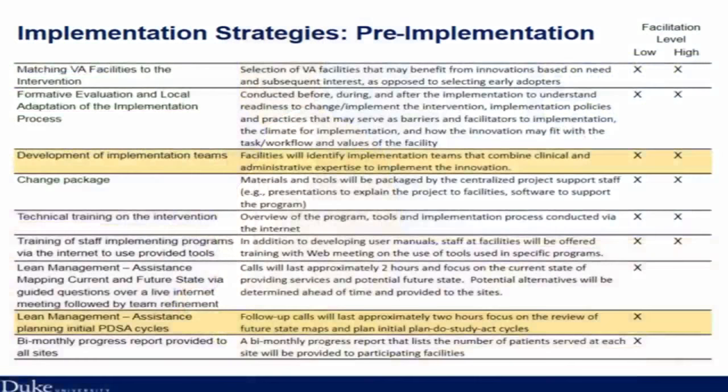These are just some of the strategies that we could think about for pre-implementation. I highlighted some of them. What we did was, for us to do this, we actually developed implementation teams. This is lean management, PDSA cycles. So for those of you who may do quality improvement, there is a nice link between D&I and quality improvement.